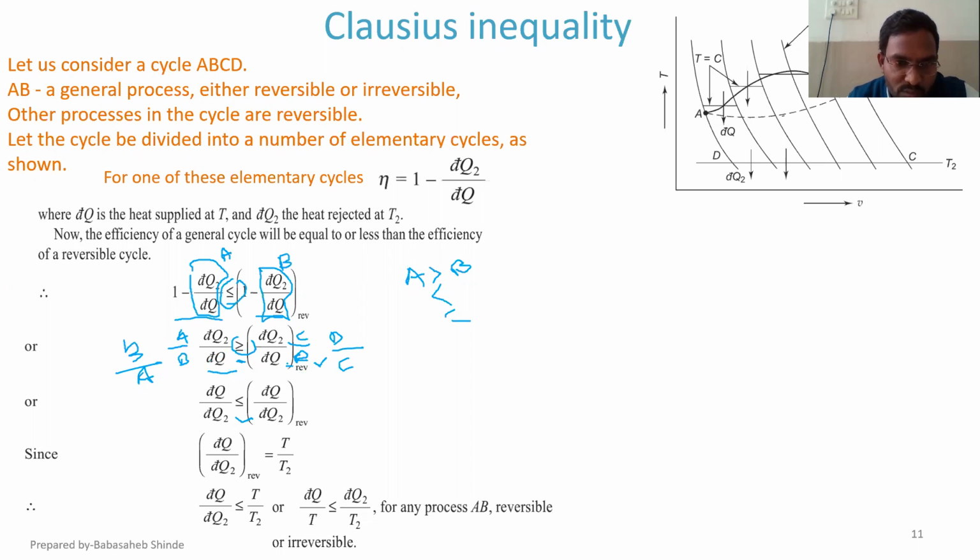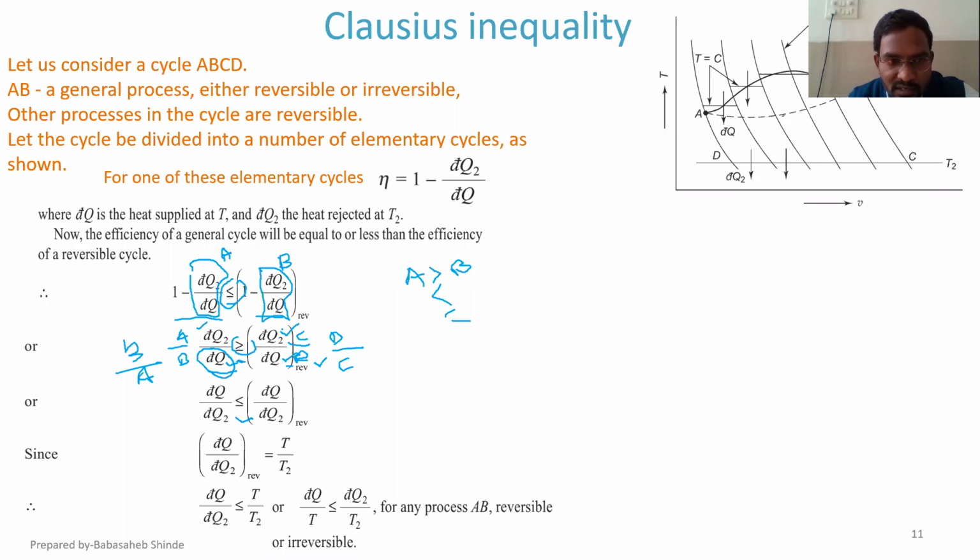the denominator over here and the denominator over here. In case of dq2 by dq, that is for the normal engine, the denominator is going to be much smaller compared to the numerator. That's why this ratio is larger. Whereas in case of the reversible engine, the denominator is not that small compared to the numerator.